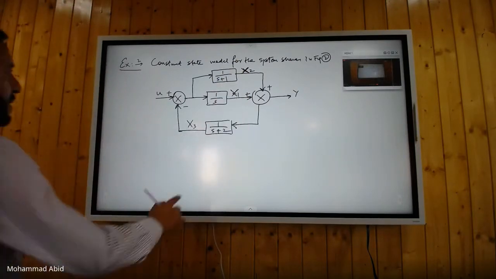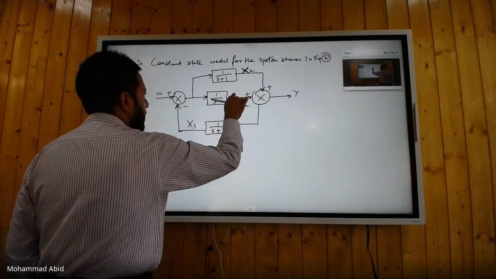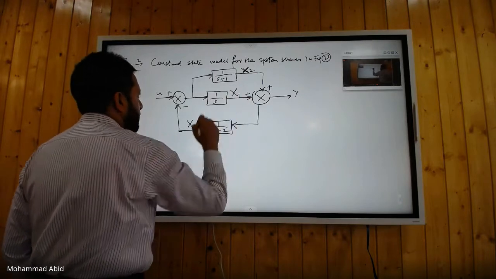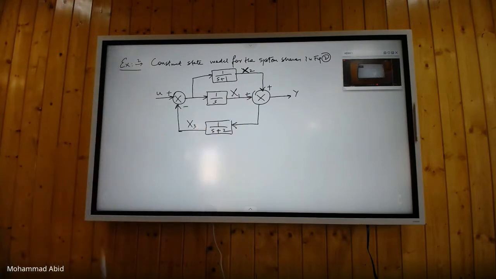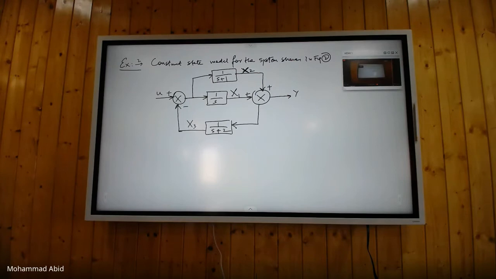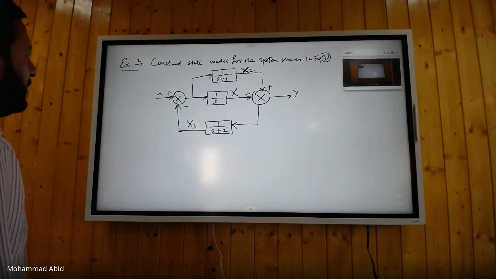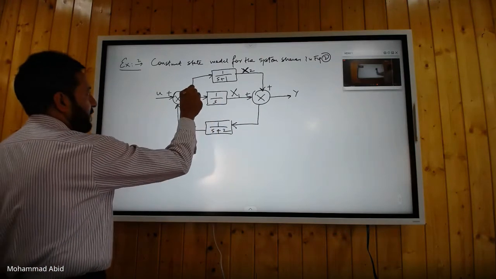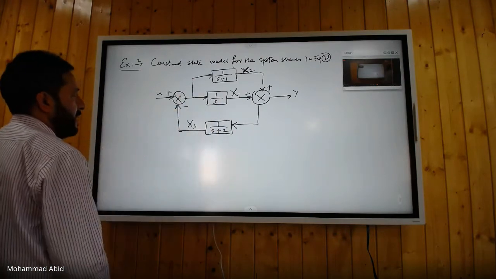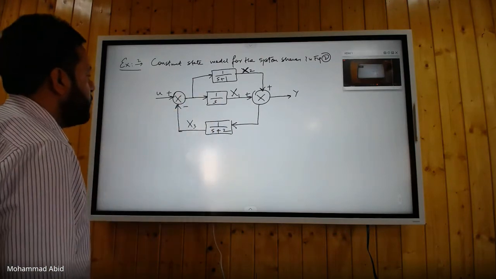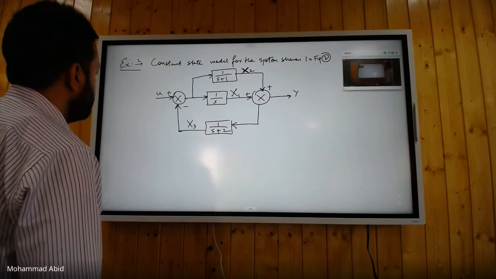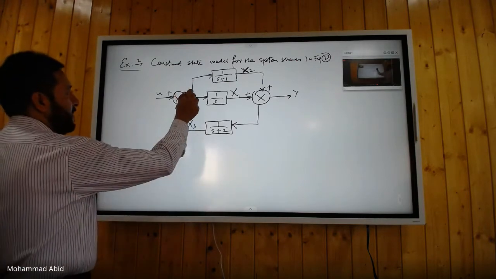Are you following me? Yes, sir. Okay. Now tell me what equations will be formed. If this is x1, then what is this variable? This is actually u minus x3, isn't it?